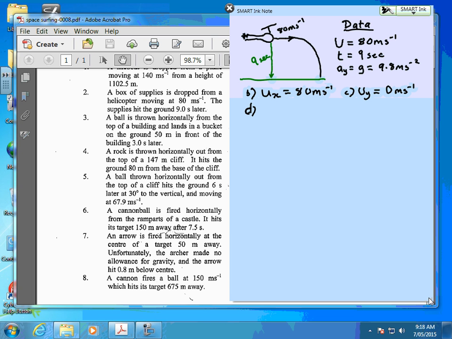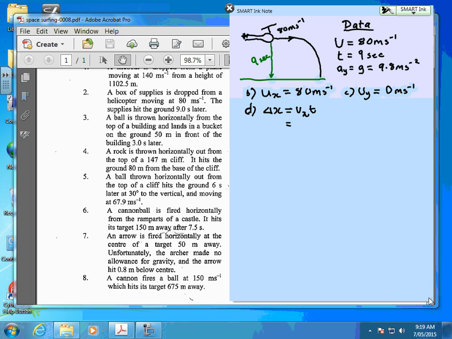Now I'm in trouble because I don't know delta x. I know u_x, but what do I know for time? 9 seconds. Okay, so maybe I can use that. Let's see what we can do. So delta x equals u_x t, which is going to be, you have to remember this, and this is where people get lost.